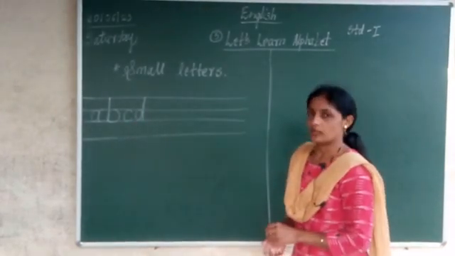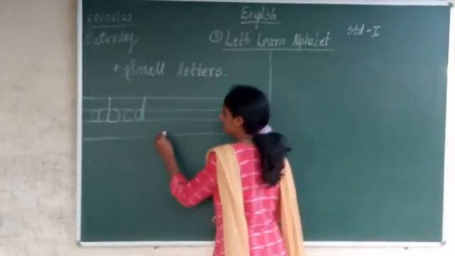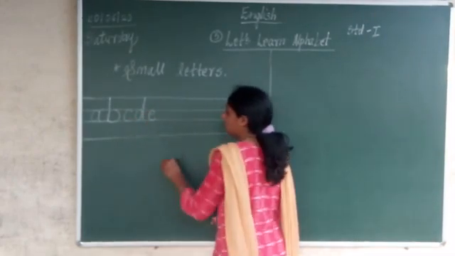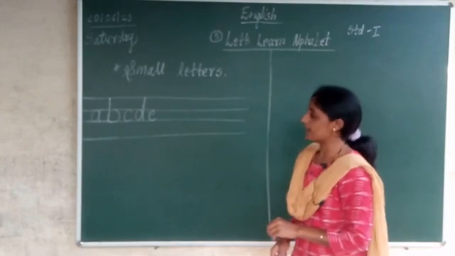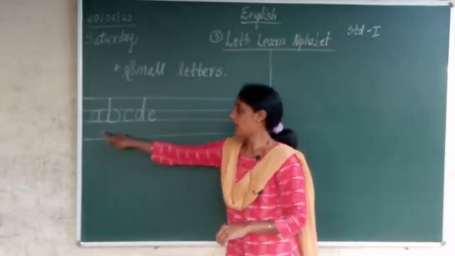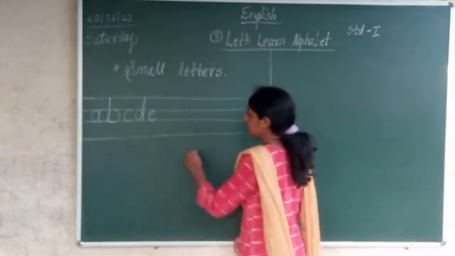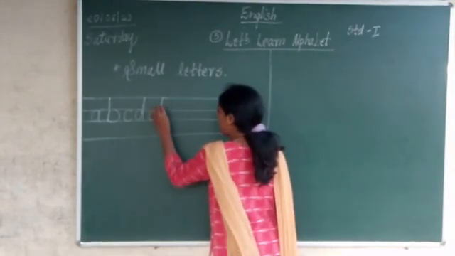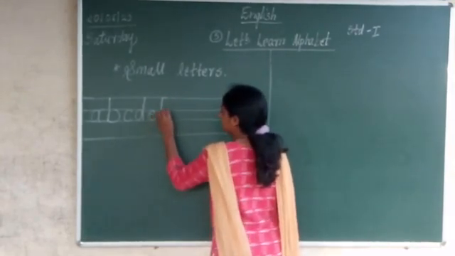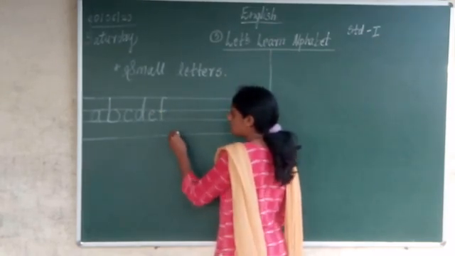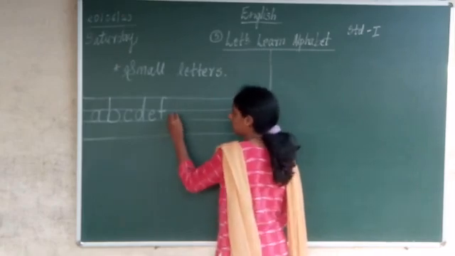Correct? After D will come E. Same like C, we are going to write E. A, B, C, D, E. Next one is F. After that is G. G should touch this line, okay, downside.